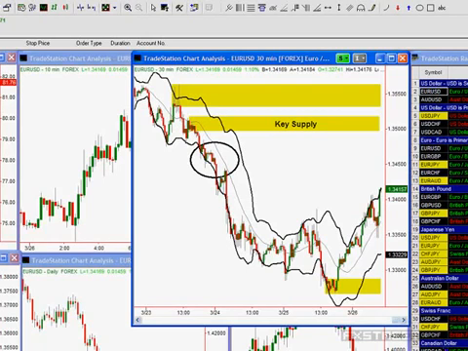Notice we have all those little speed bumps of supply. So in that circled area, what's likely to happen if and when prices go up to that area? Do you think it's going to be easy for price to get through that area, or you think it's going to be a little tough for price to get through the circled area? What do you think?